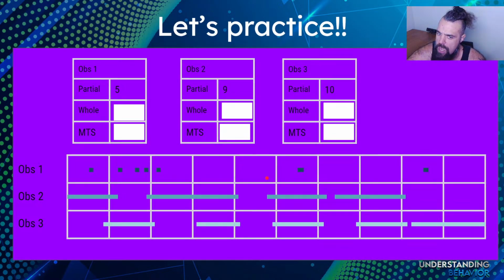We're going to now do the same exercise for whole interval recording. So let's look at observation 1. How many intervals am I going to mark as an occurrence for observation 1 using whole interval recording?